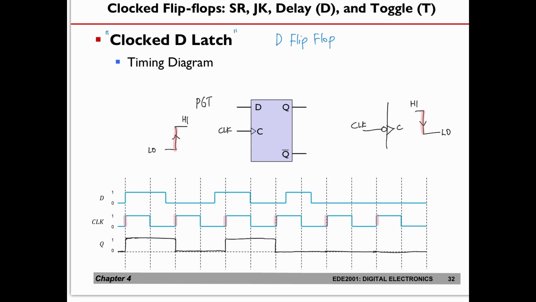Now, what you notice here is that at this point and at this point, you can see that D changes. D goes from 1 to 0, but at this portion the clock does not have any low-to-high transition, and for the entire time interval before the next transition, your flip-flop is actually being latched.